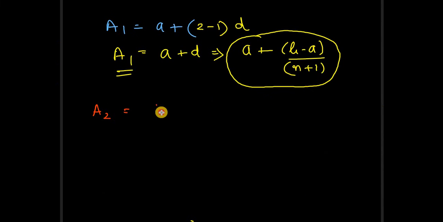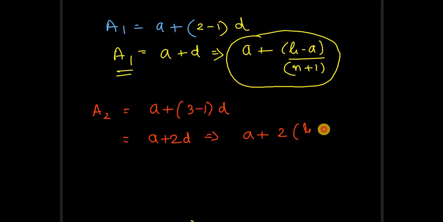So A plus 3 minus 1 into D, that is A plus 2D, and further we can write it as A plus 2 into B minus A by n plus 1. We can find A2, and similarly so on, and we can also find AN.